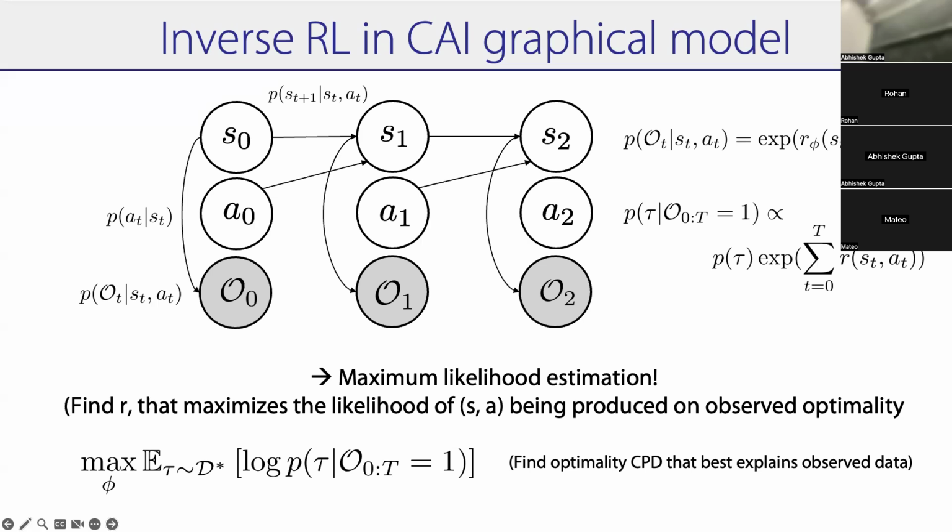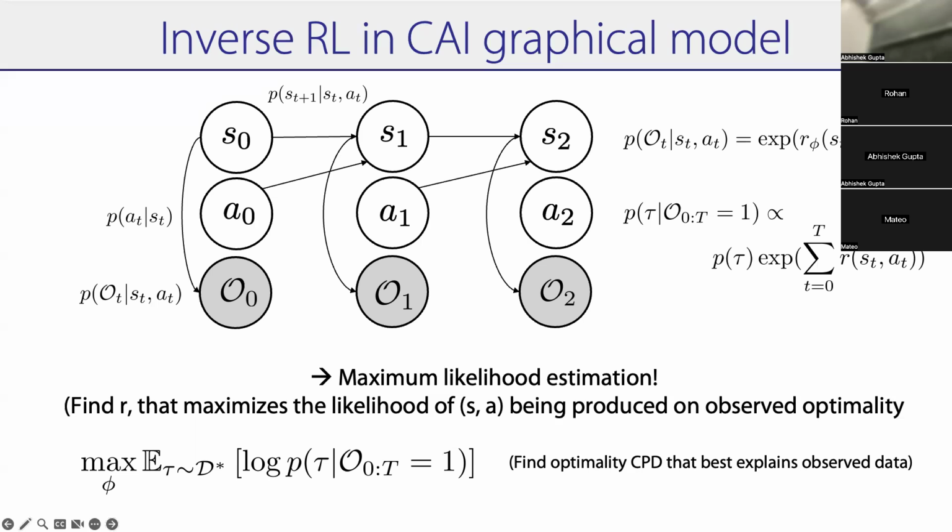It's max likelihood. The point is that you want to find the parameters of your reward function. You can think of this thing as parameterized by R phi implicitly, and you're trying to find the parameters of the reward function that maximize the likelihood of the data that you actually saw from your expert. Because it's not hard optimal, nothing should have likelihood 0. Everything will have some likelihood.